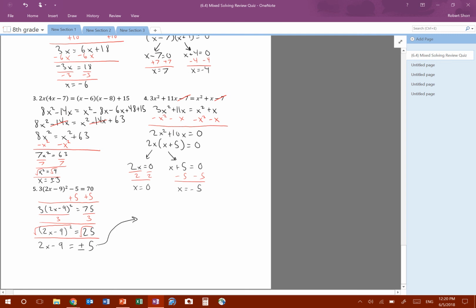I'm going to split this into two equations now. My top one would be 2x minus 9 equals positive 5. And then over here, I'm going to get 2x minus 9 equals negative 5. These we know how to solve. I'm going to add 9.